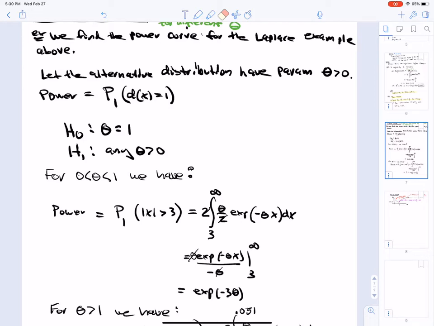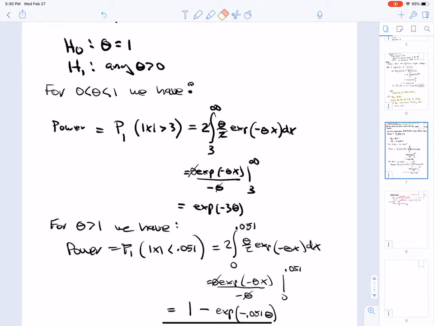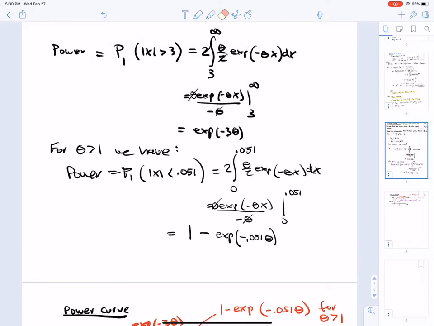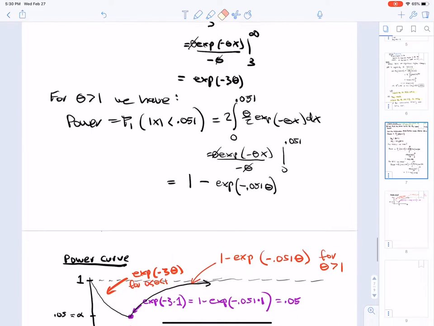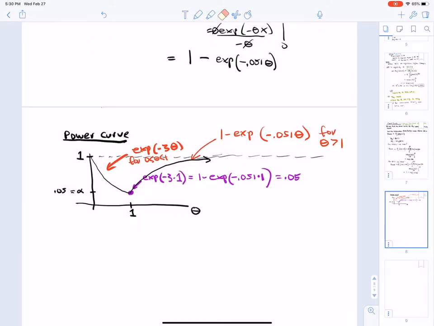And well, when theta is between 0 and 1, you can show here that the power is exponential minus 3 theta. When theta is greater than 1, you have 1 minus exponential minus 0.051 theta. And of course, when theta is 1, then the power is just alpha.